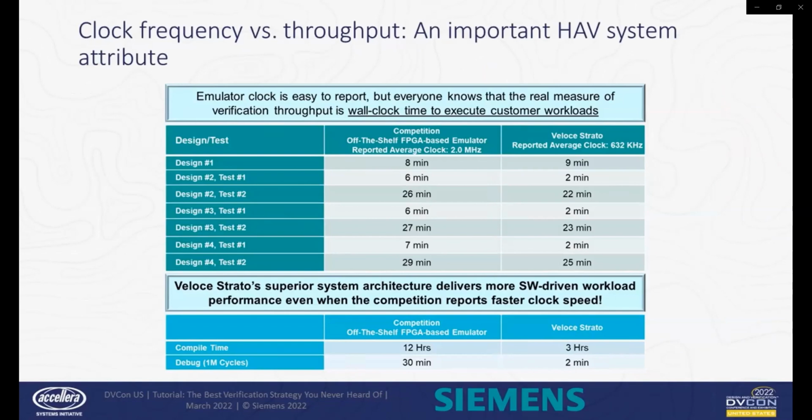As you can see in this table, some of the competition platforms have higher clock frequency, but the runtime eventually is longer than on the Veloce platform, and Veloce consistently outperforms them. So you want to focus on end-to-end wall time rather than just clock frequency by itself. Veloce Strato's superior system architecture delivers more software-driven workload performance, even when the competition reports faster clock speed.